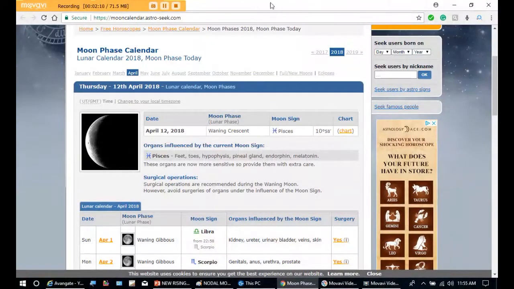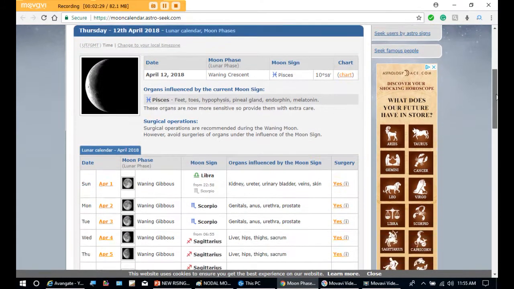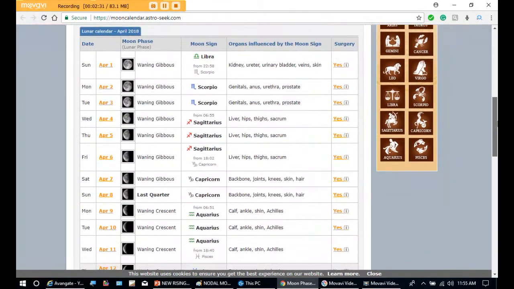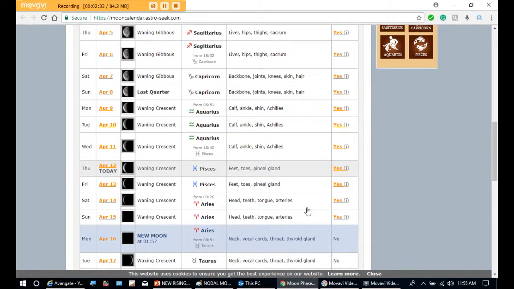But let's go back. What I did is I went to the internet and found this site called Moon Phase Calendar, and today happens to be April 12th, 2018. It gives reference to, let's say, the 12th. On the 12th, today's date, using it as an example, it was in a waning crescent.